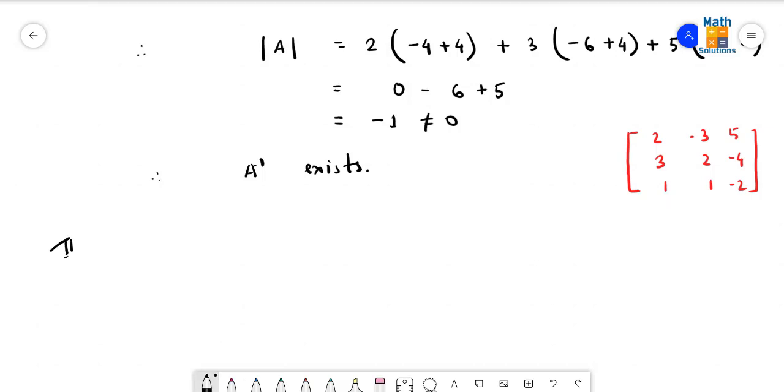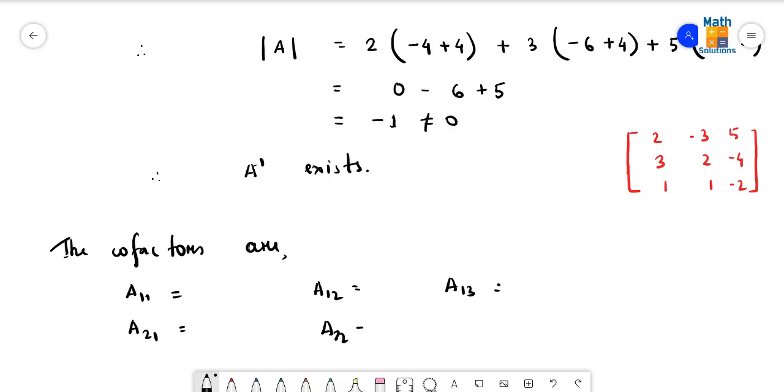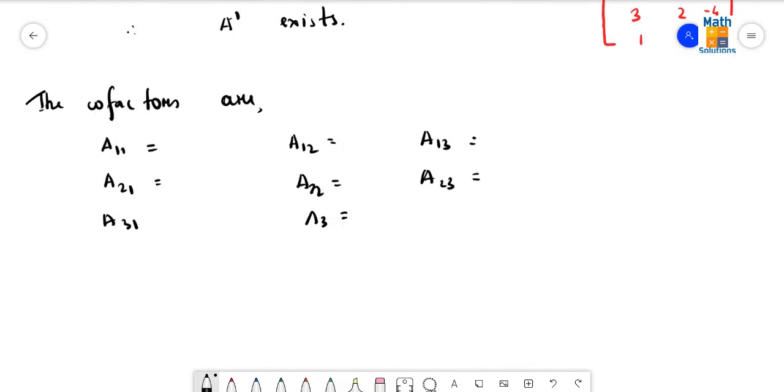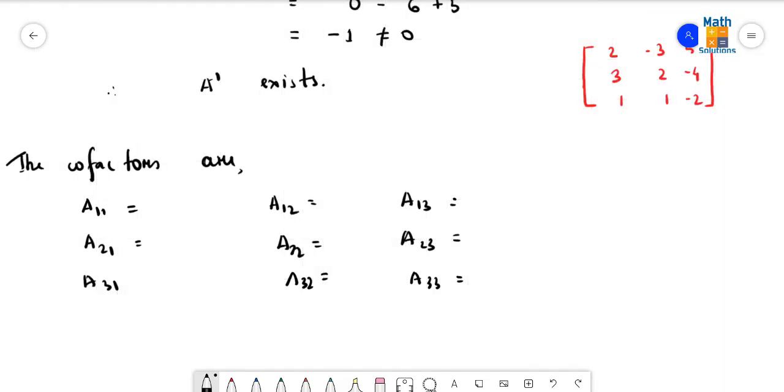So the cofactors are A11, A12, A13, then we get A21, A22, A23, then A31, A32, A33.